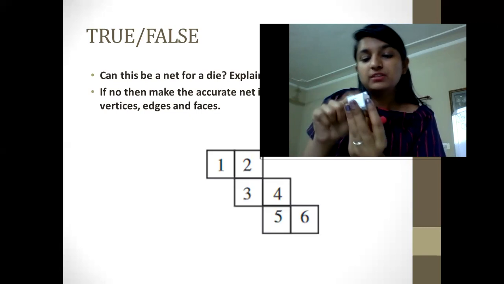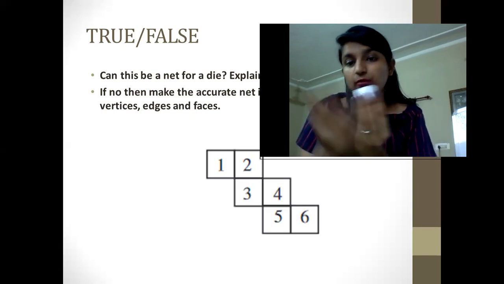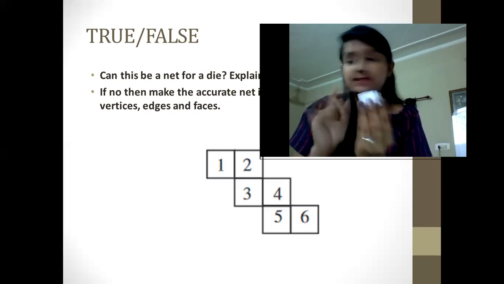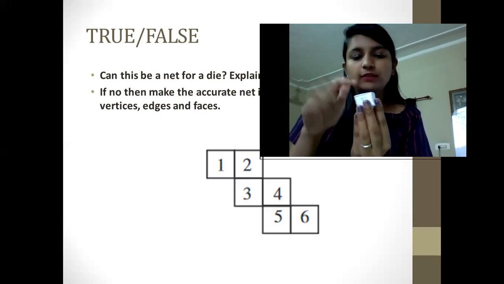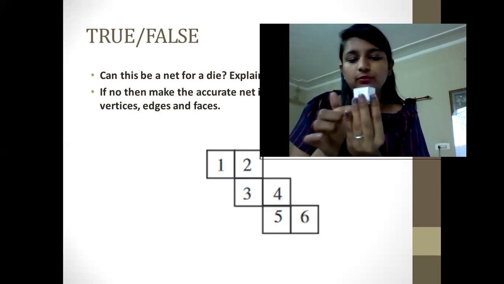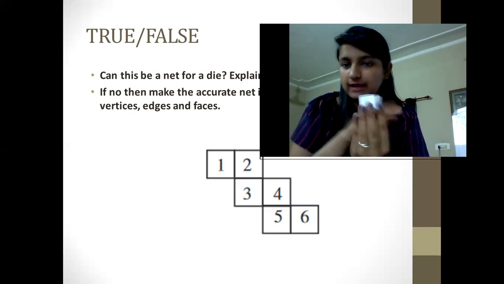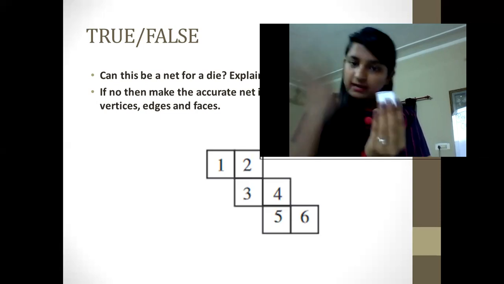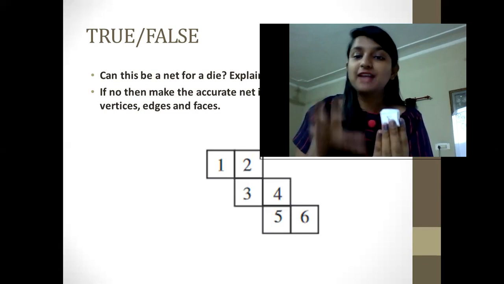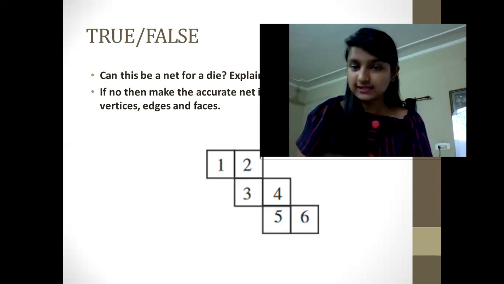So the sides which are visible from any angle, we can call them faces. So we would be counting 1, 2, 3, 4, 5, 6. So upper, downside, left, right, front and bottom. So in total we got 6 in number. So 6 are the faces.